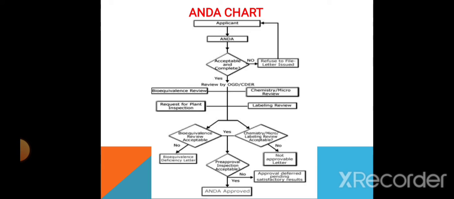Then approval is deferred pending satisfactory result. If the pre-inspection is not satisfactory, then the approval team which comes for inspection gives pending points or deficiency points, and the site again fulfills the requirements.